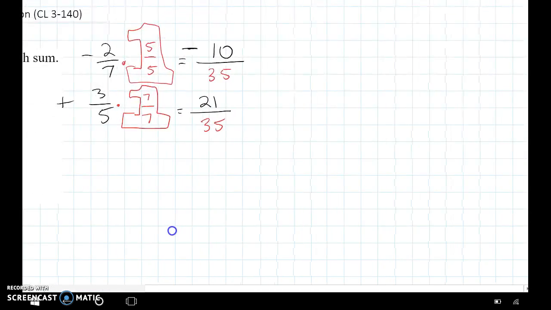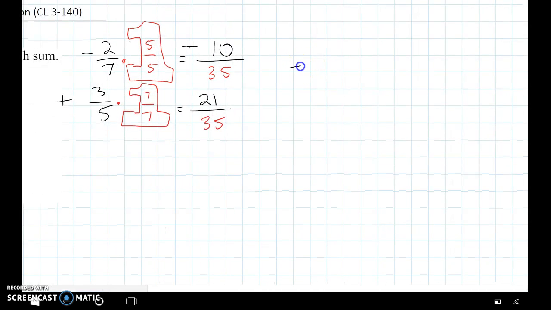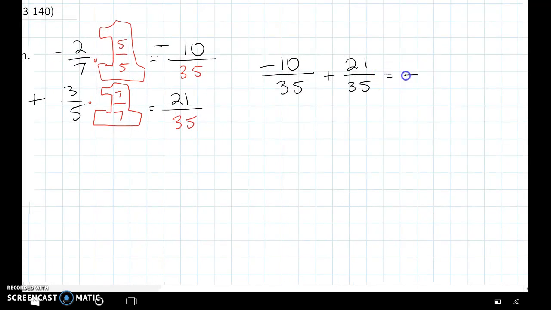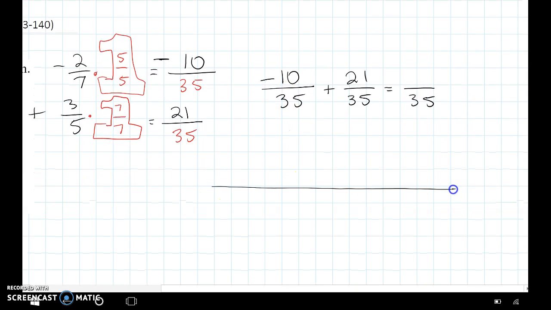So moving this over a little bit, I'm going to write it out horizontally again: negative 10 35ths plus 21 35ths. I know my answer is going to be in 35ths, some amount of 35ths. So I'm just going to talk about our good old pal, Dr. Frog, jumping on the number line.